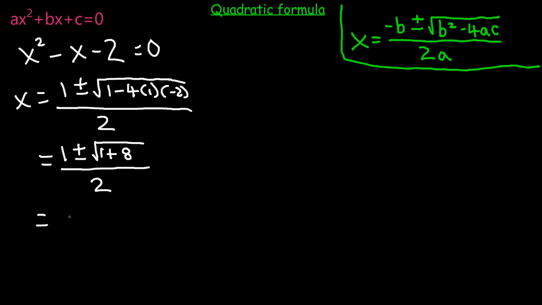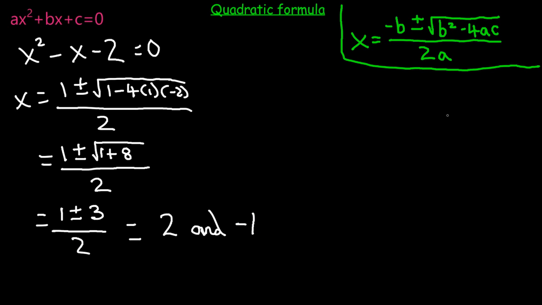Simplifying again, we have 1 plus or minus the square root of 9. 1 plus 8 is 9. The square root of 9 is 3. Divided by 2. So we have two solutions here. 1 plus 3 is 4. Divided by 2. And the second solution is 1 minus 3 is minus 2, divided by 2 is negative 1.